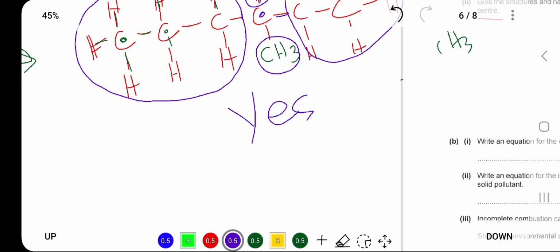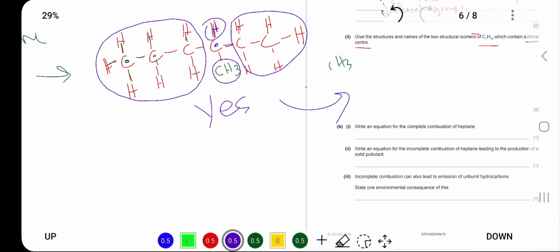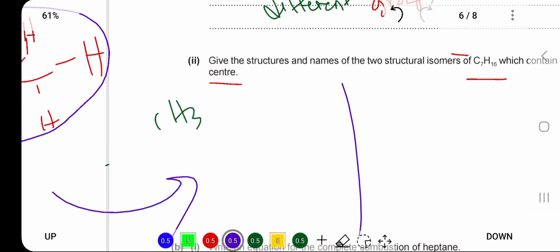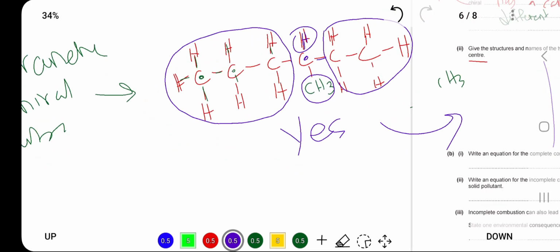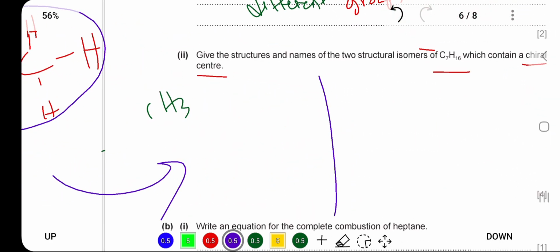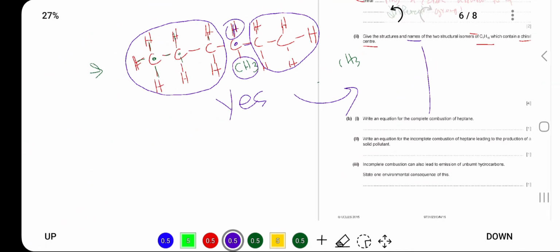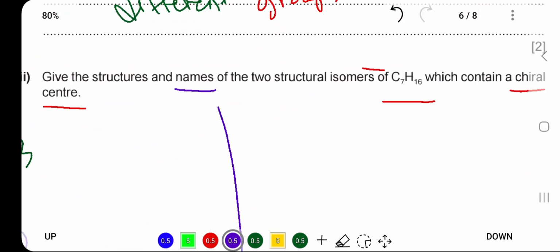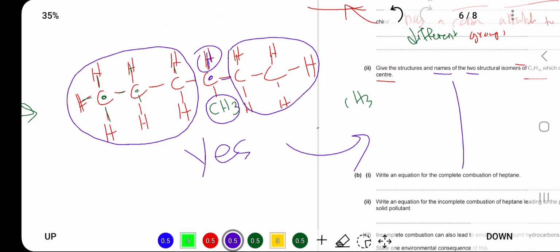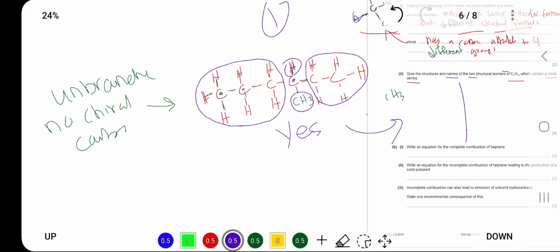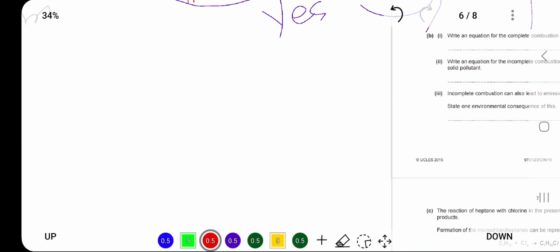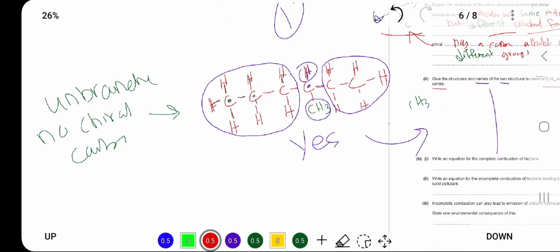So yes, you can add this to your collection. Alright, and now they want the names. We're going to keep this for later. You want 2 isomers, so that's just the first one. Now the second one, I'm going to do the exact same thing.